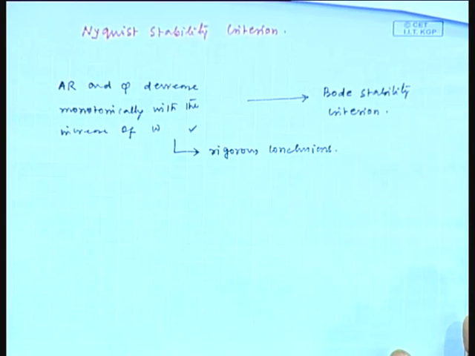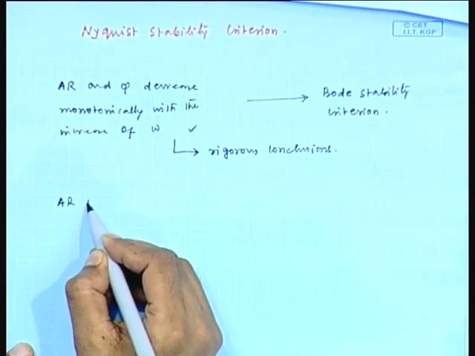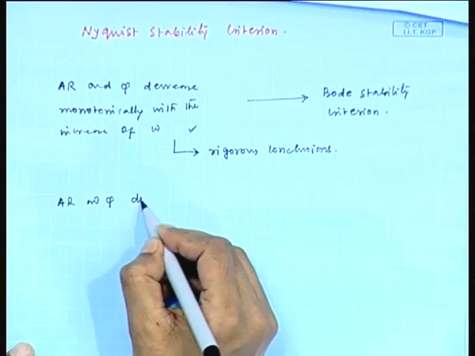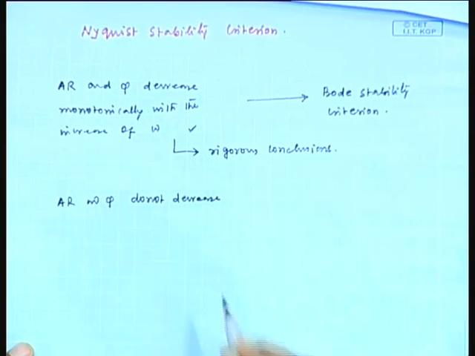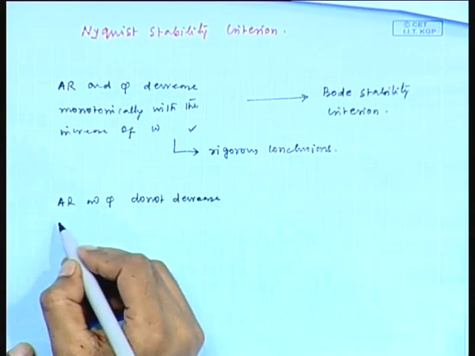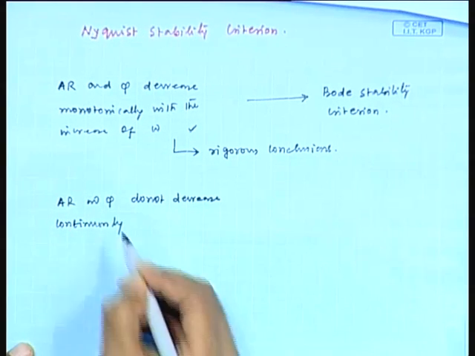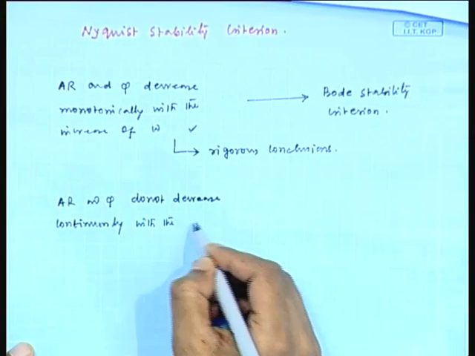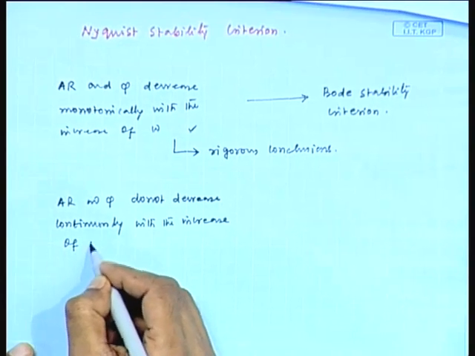But there are few systems for which amplitude ratio and phi do not decrease continuously with the increase of omega.